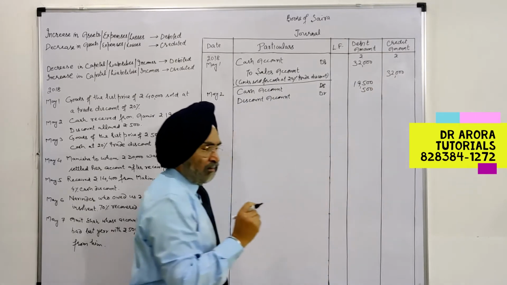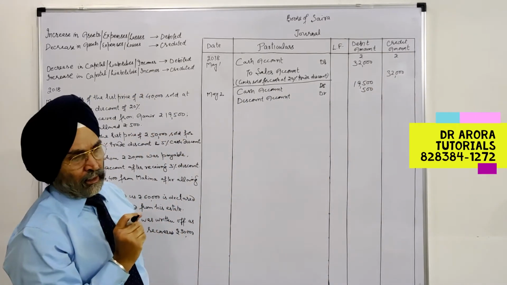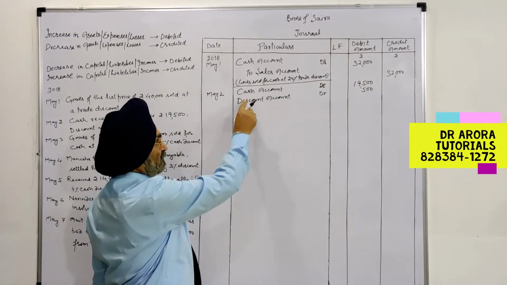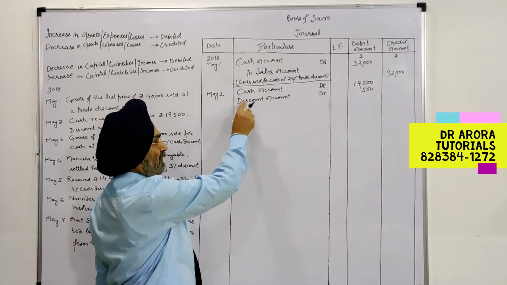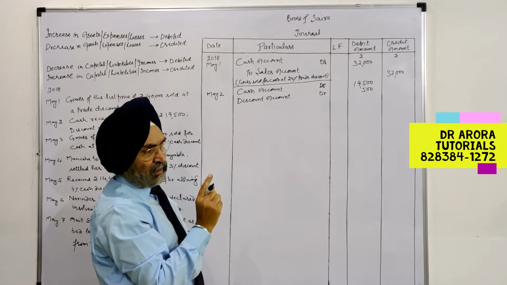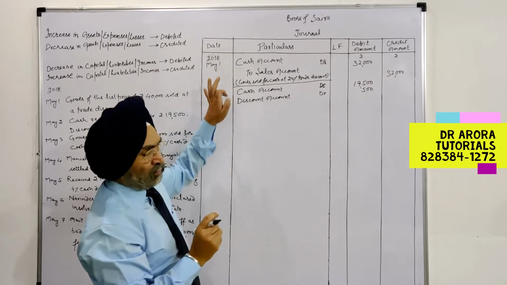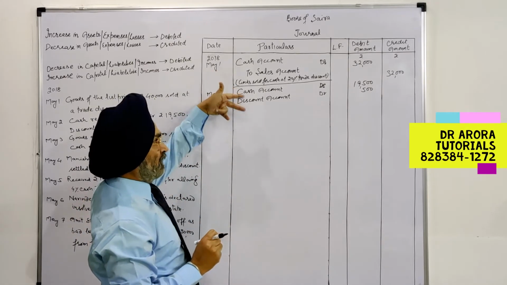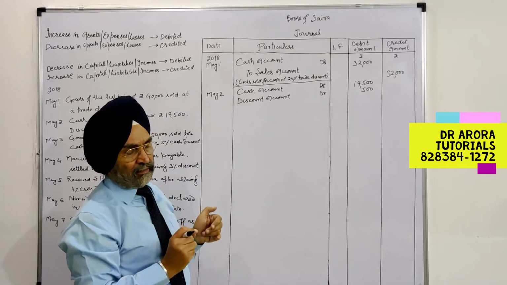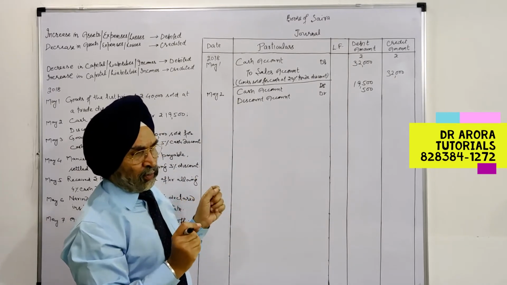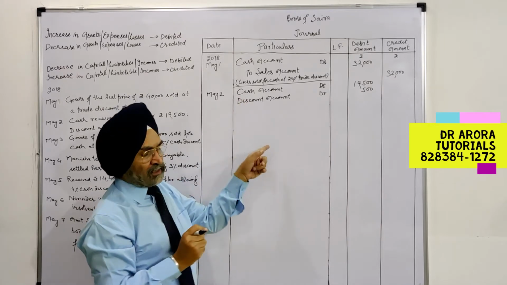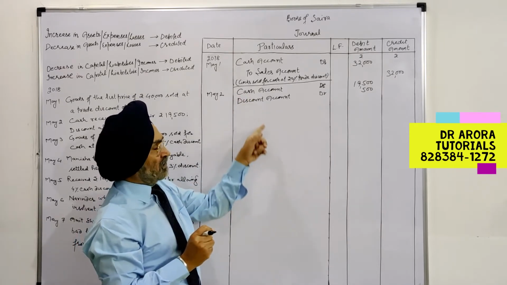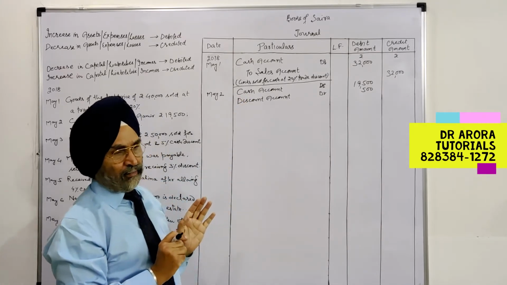And one thing more I will tell you, that cash and discount and bank and discount will always come on the same side. Either both will be debited or both will be credited. It will not be so that cash is debited and discount is credited, or cash is credited and discount is debited.